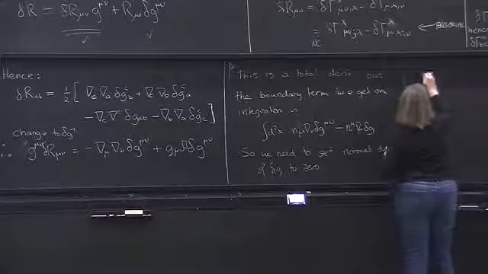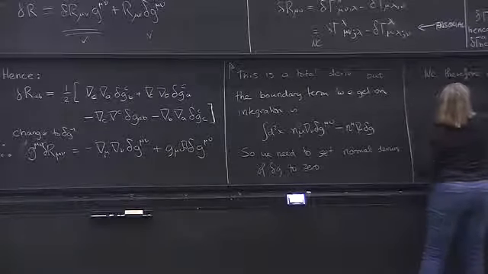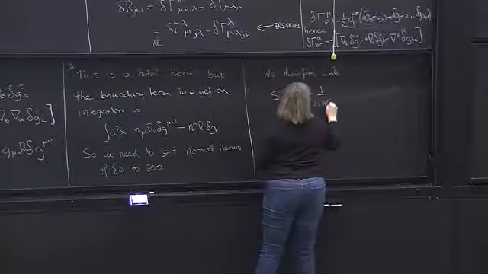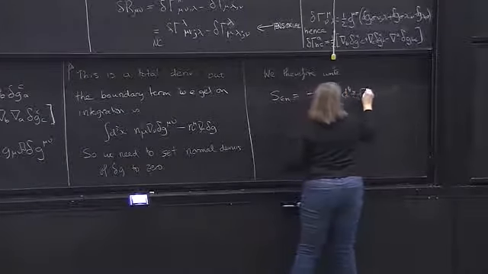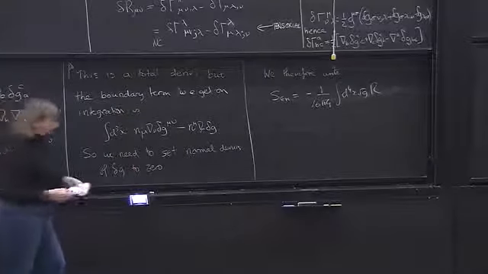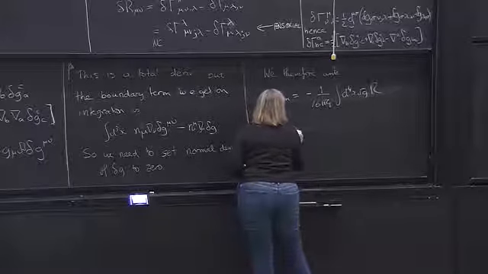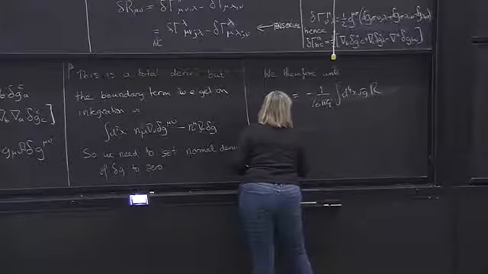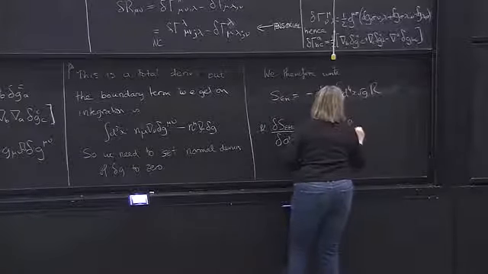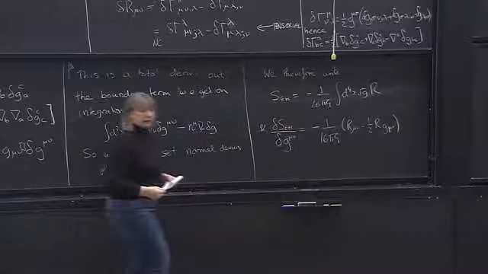So we have now an Einstein-Hilbert action where we integrate up our Ricci scalar through our proper volume, and the variation, the functional derivative of our action is just the Einstein tensor.